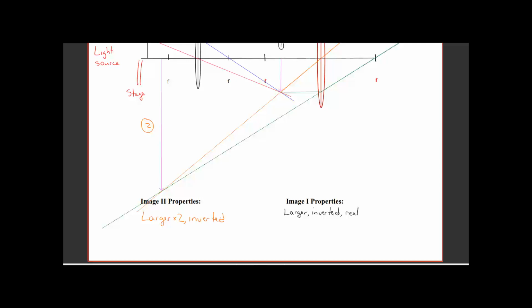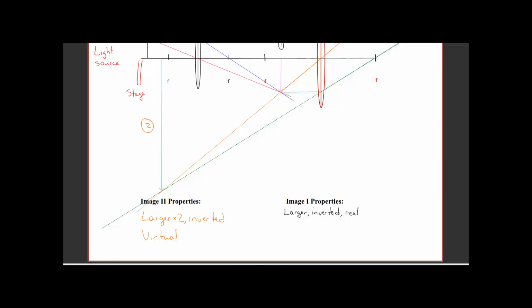Again, this is a microscope after all, and its goal is to make things bigger. Now it has remained inverted. Anytime you are at less than one focal length, your image properties are normally larger and right side up and virtual. But because our image right here is upside down, it remains upside down.